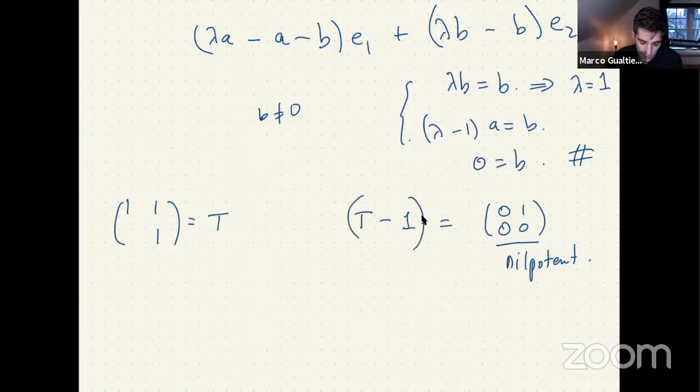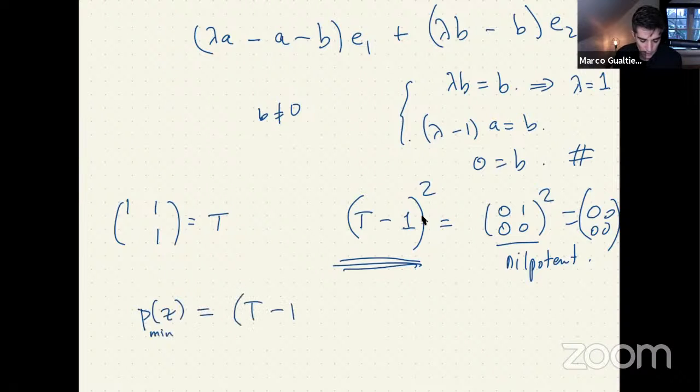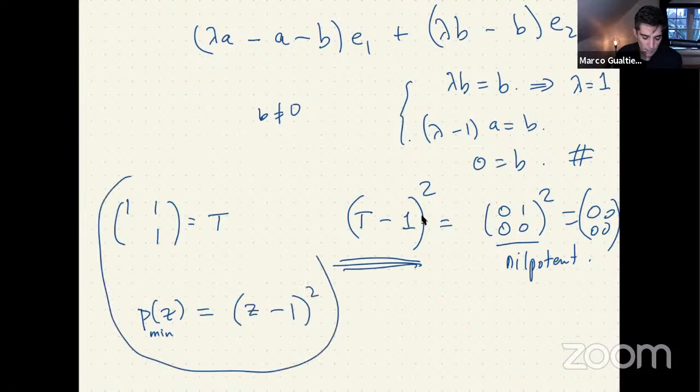If you square this, you get 0. So we have a quadratic polynomial that is the minimal polynomial for T. P of z minimal is z minus 1 squared. So that's the first step, is that we find the minimal polynomial.